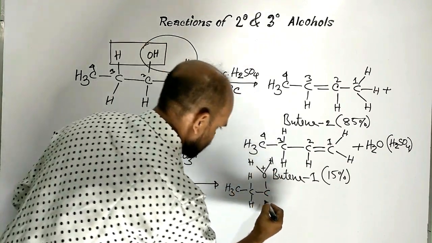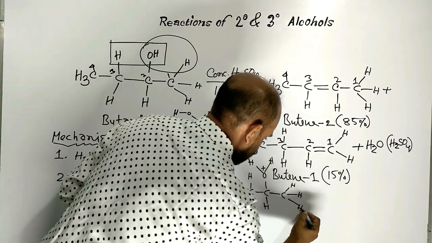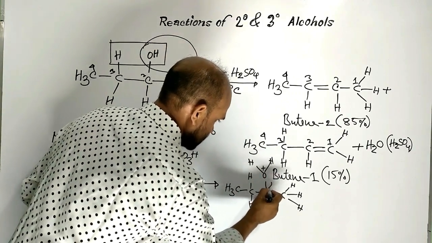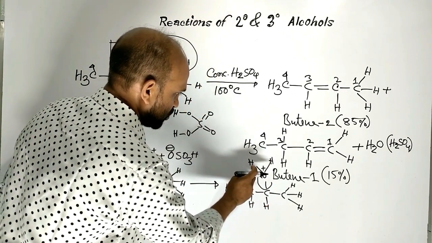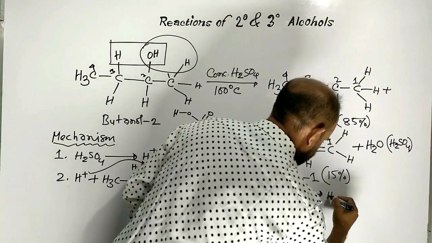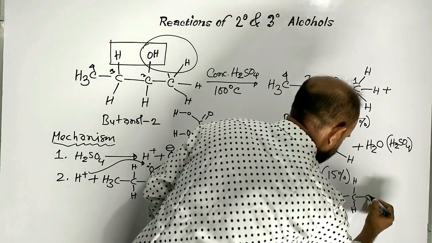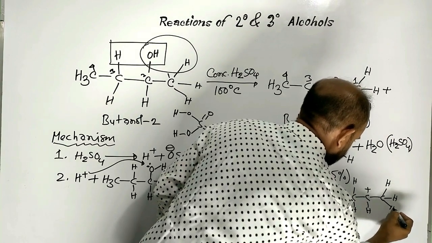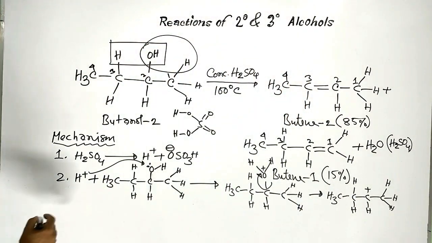Oxygen gets positive in charge. Because of this positive charge, this carbon-oxygen bond experiences heterolytic fission and water gets removed, and this carbon gets positive in charge. This carbocation is formed.